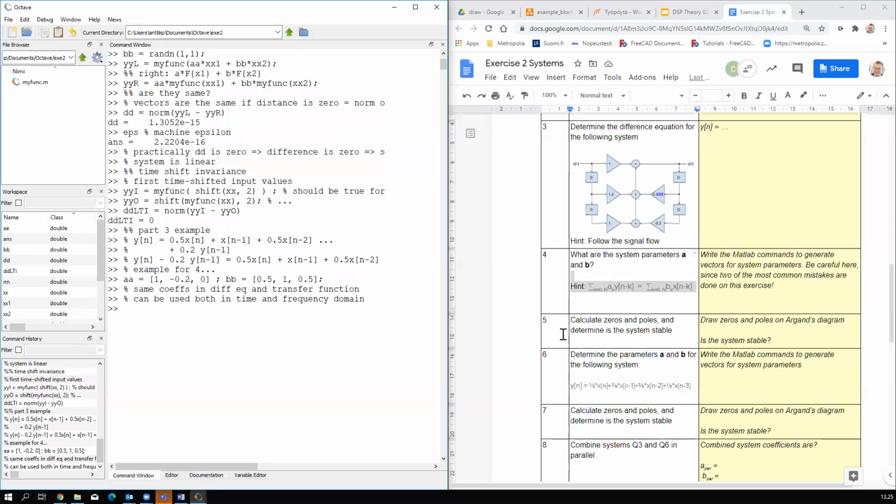For example, calculate zeros and poles. Zeros are the system zeros. So zeros are actually roots of polynomial defined by B coefficients.